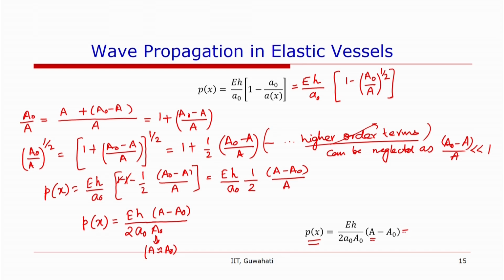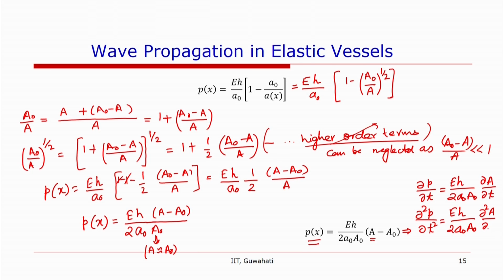So what we can get from here, del P over del T is equal to EH over 2 A naught, capital A naught, del A over del T, and the second derivative will be del 2P over del T2 is equal to EH over 2 A naught, capital A naught, del 2A over del T2. So EH by 2 A naught, capital A naught, that's what we need to remember.